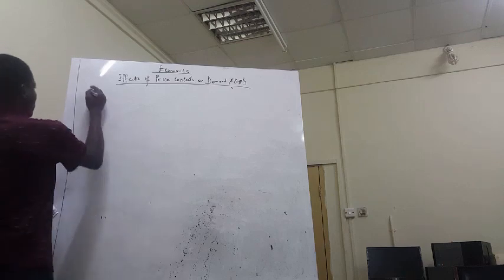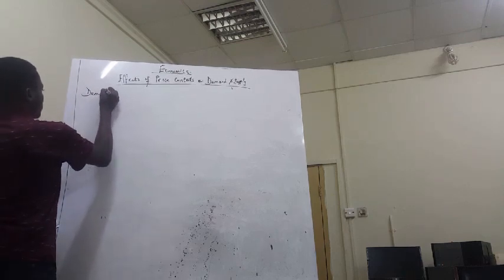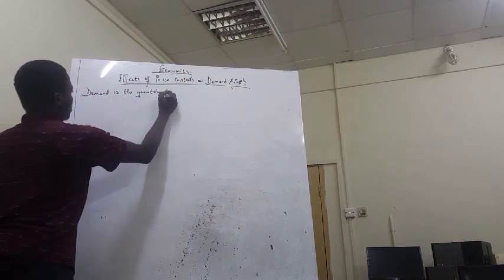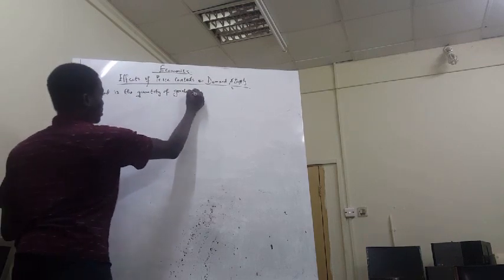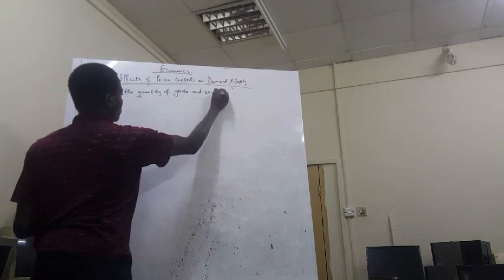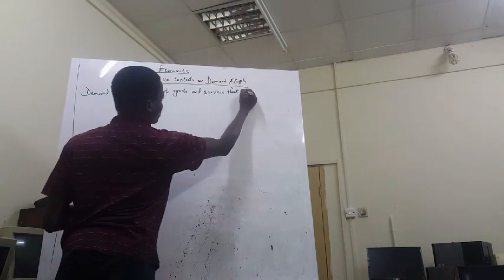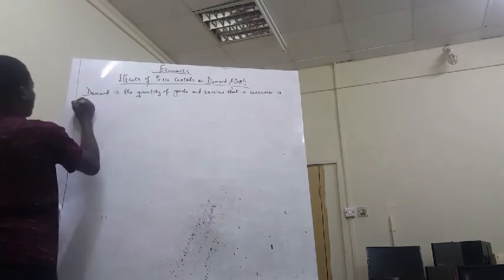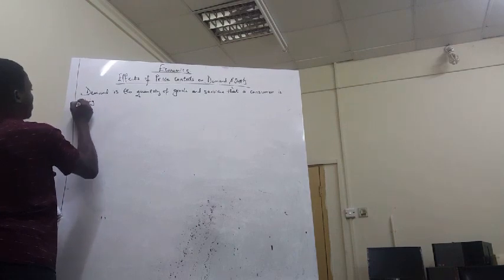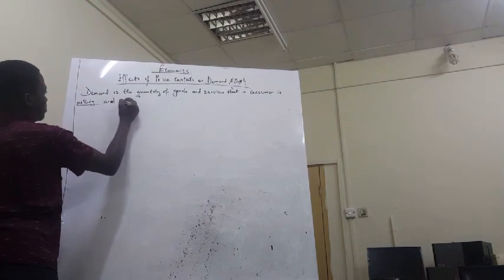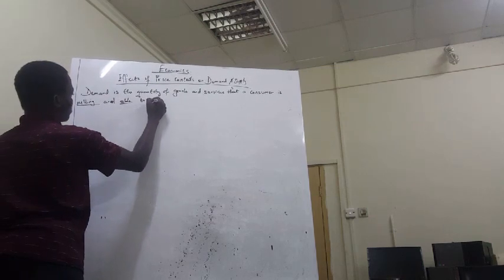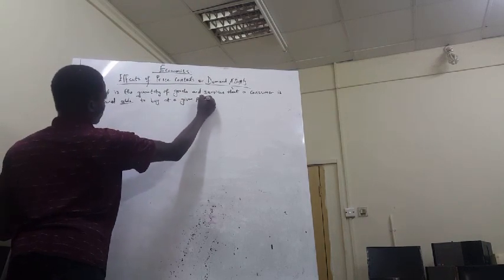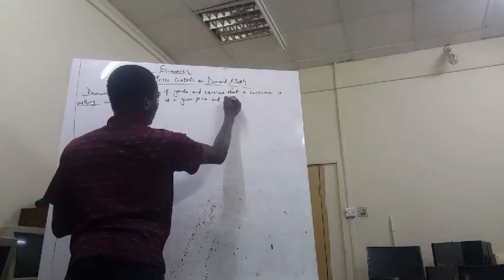Demand is the quantity of goods and services, or you can just say commodities, that a consumer is willing and able to buy at a given price and at a particular time.